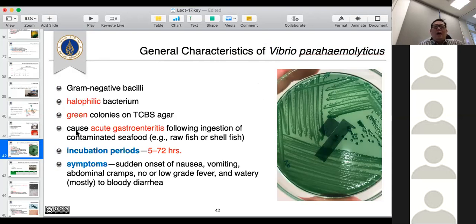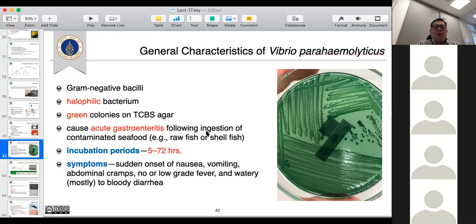Okay, these bacteria cause acute gastroenteritis. They live in fish, in shellfish, in squid, in so many seafoods. Incubation is very quick, can be 5 hours or up to 72 hours.